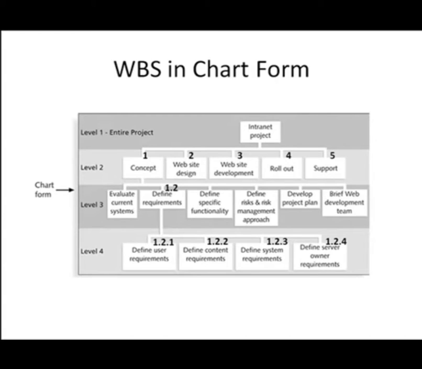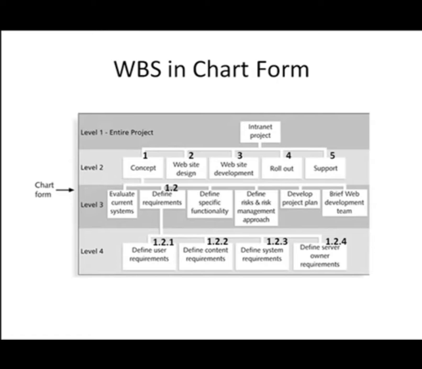But they're categorized at different levels, from the 10,000-foot view, if you will, under concept, web design, website development, rollout, and support, to the level 3, where the subcategories of work are defined in each one of those 5 at level 2, and then finally into level 4, it's drilled down into the discrete work tasks.